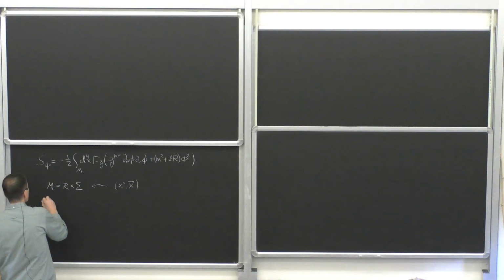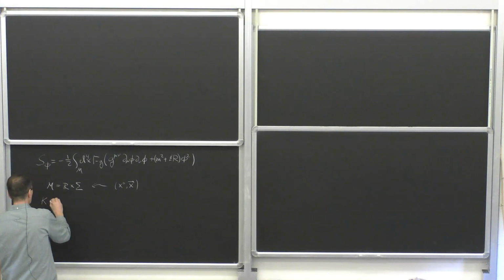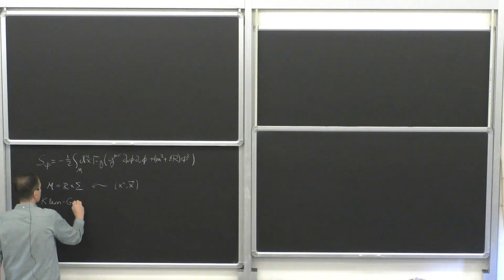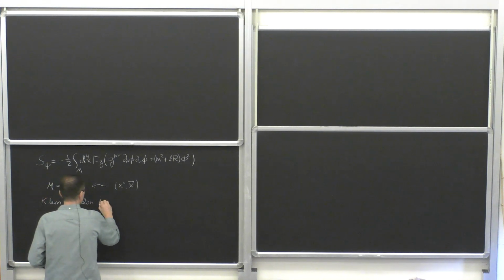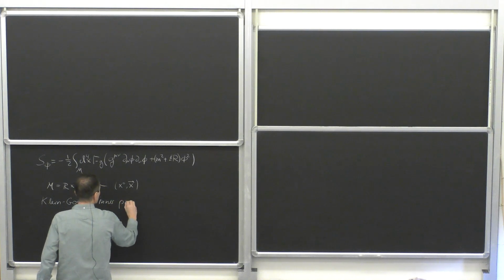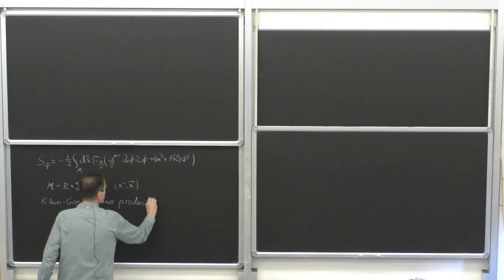And then an important ingredient in what we're going to talk about here is the Klein-Gordon norm, or inner product actually. So let me define that for you.